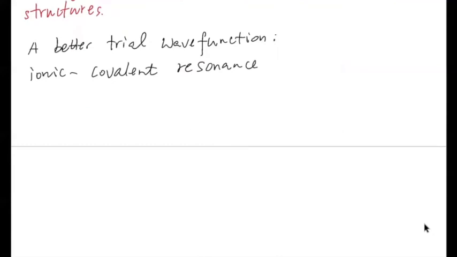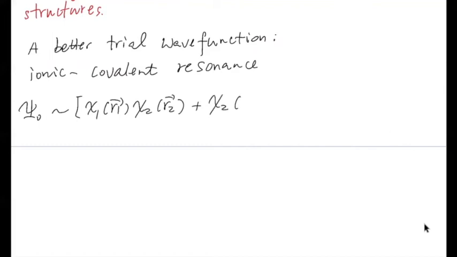Your wave function should be a superposition of both the ionic terms and covalent terms. So psi should be, here I'm still writing the spatial part, chi1(R1) chi2(R2) plus chi2(R1) chi1(R2).